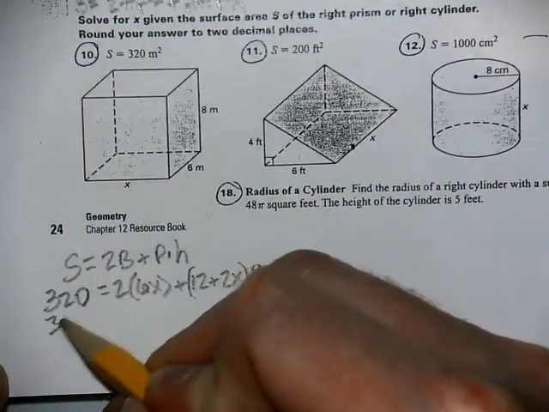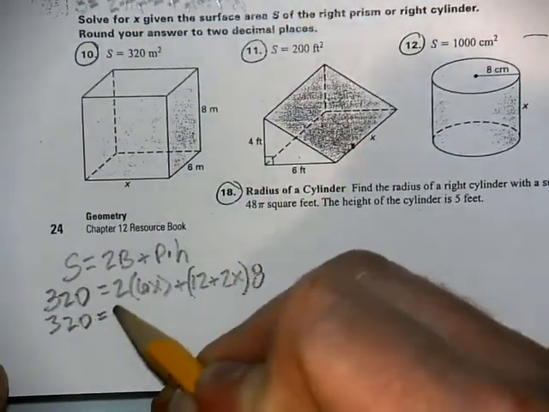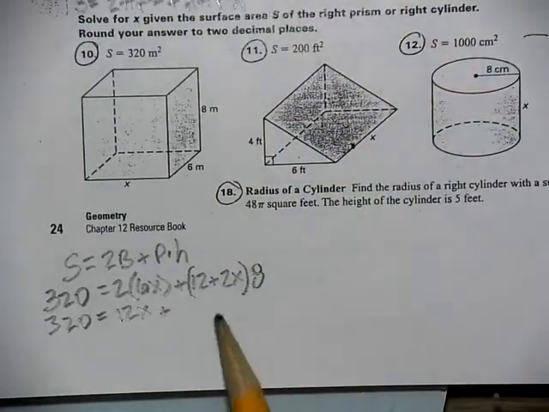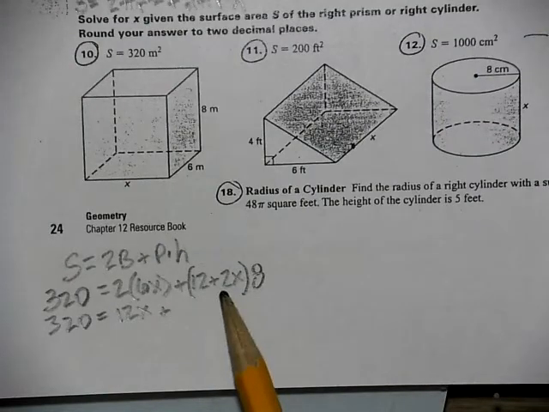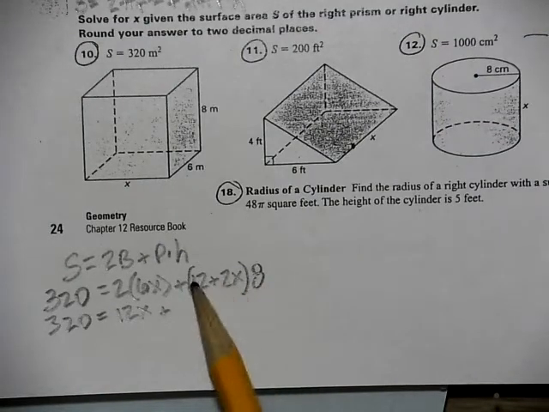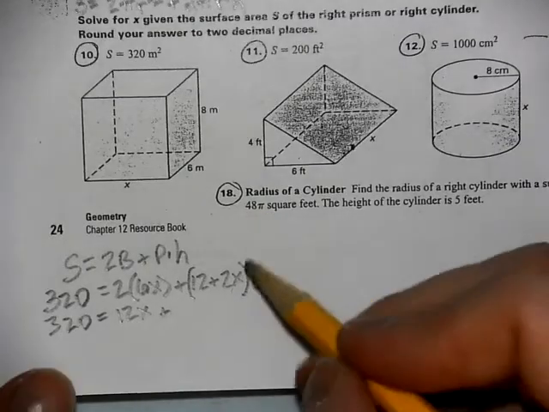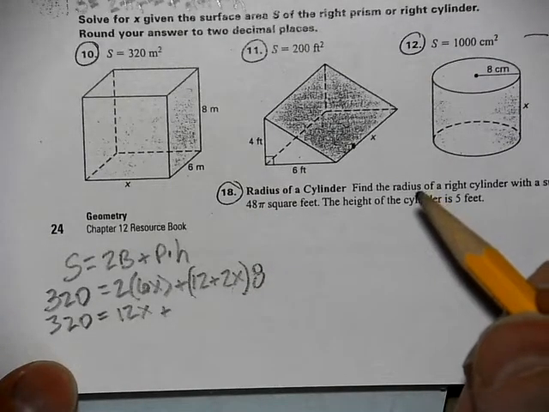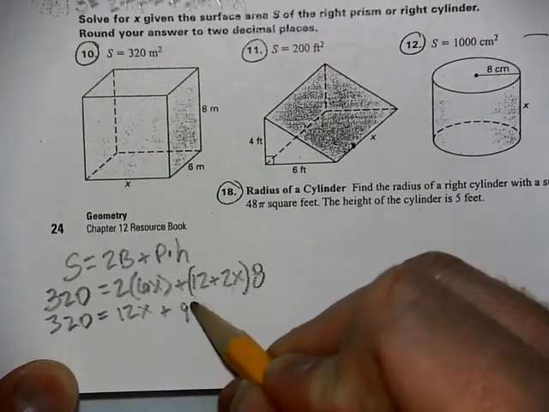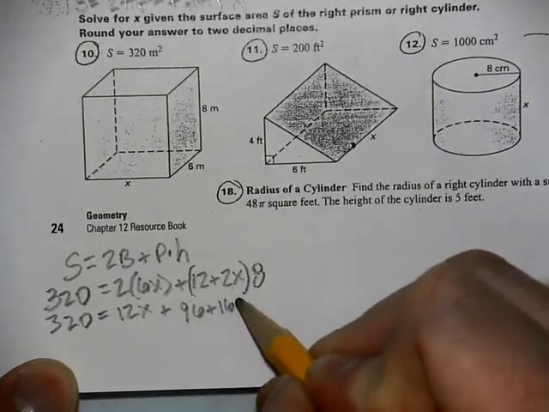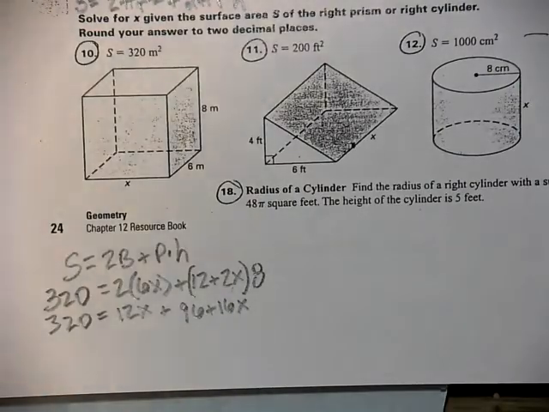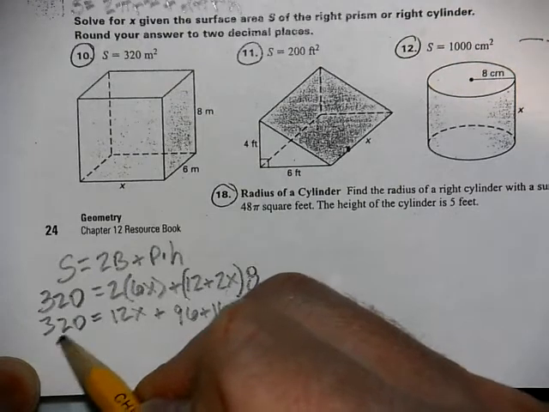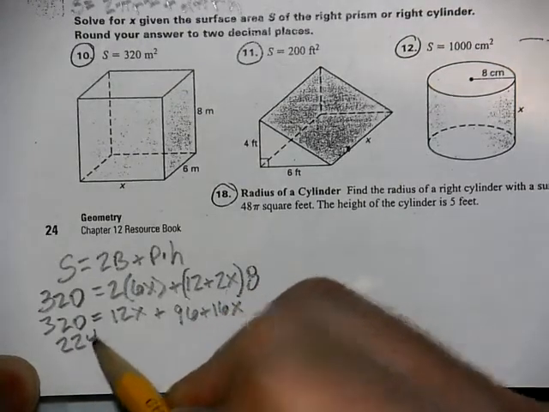So now we're going to have 320 equals 12x plus, notice you cannot call that 14x. These are unlike terms. We can distribute this through to get 96 plus 16x. That looks a little bit better. Subtract our 96 from the other side to get 224.